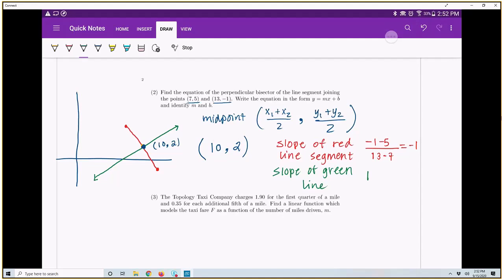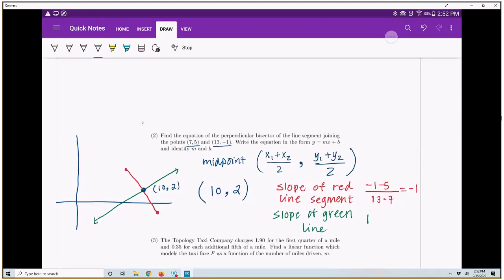And I know that I can just write the point slope equation of the line, and that will be, so I can use either point that I want. Let's go ahead and use 13, -1. So it will be y minus -1 is equal to, the slope is 1, then we'll have x minus 13. So the question asked for the slope-intercept form. That means I'm going to need to solve for y.